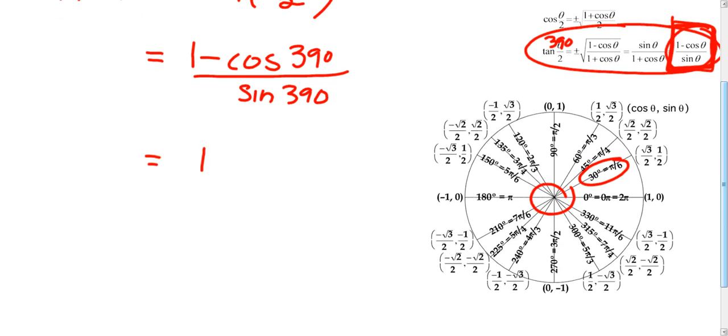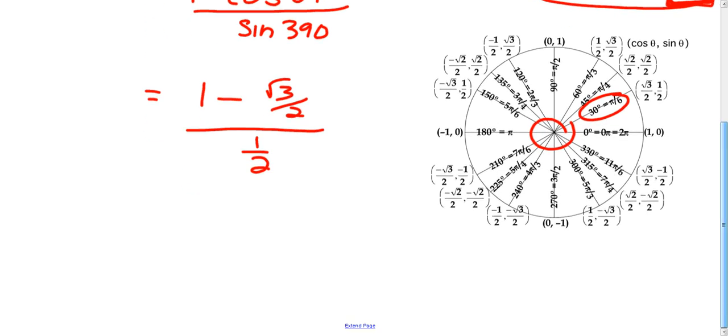So I go to my unit circle, I find cosine, which is my x value at 30 degrees, and that happens to be root 3 over 2. And then I go to 390, which is the same as 30 degrees. I find my sine value, which is my y value, which in this case is 1/2 at 390 or 30 degrees. Okay, so now the last part is to just simplify this a little bit.